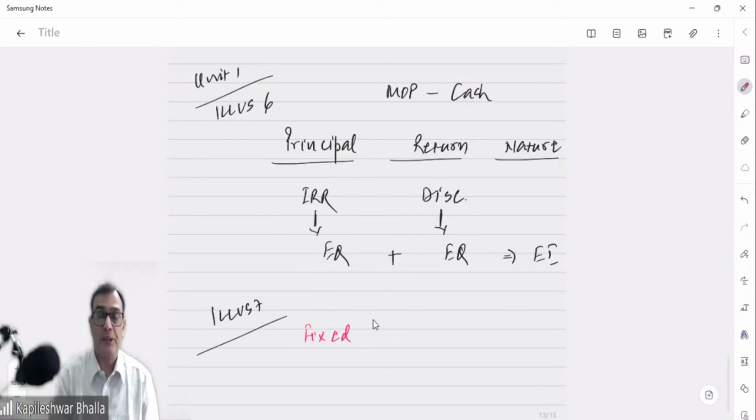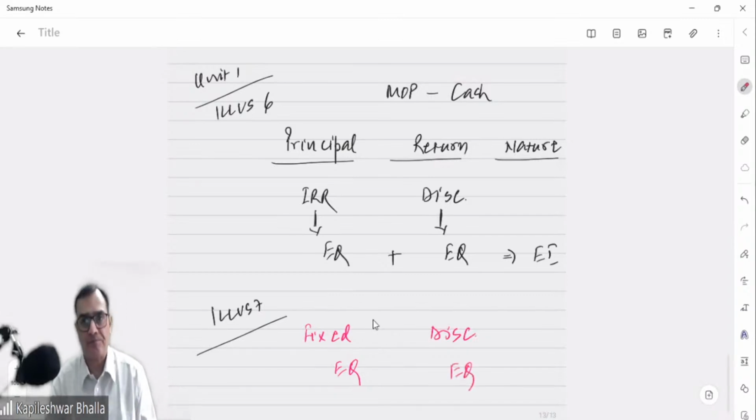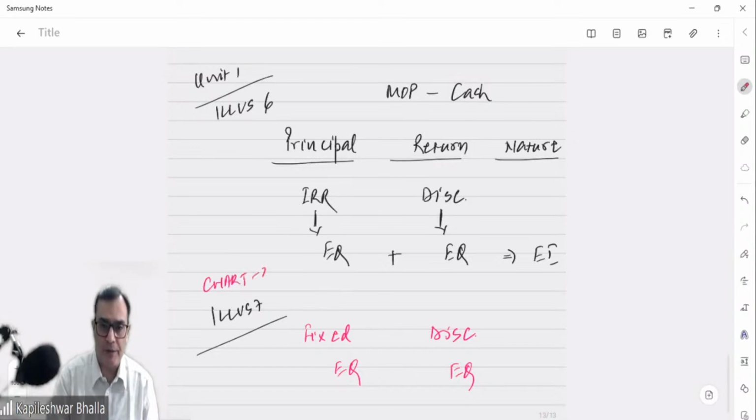The moment it is a fixed number, I would say this becomes an equity component. And as far as the dividend is concerned, it is at the discretion of the issuer. The moment it is discretionary, it becomes equity. So this is indirectly based on my chart number 3, and indirectly based on my chart number 2.